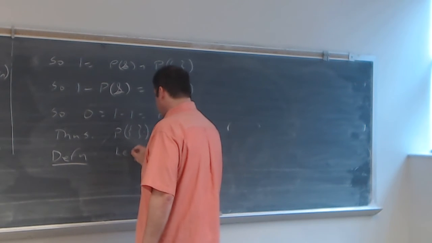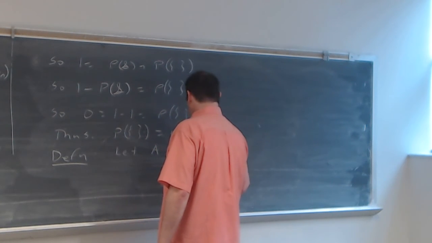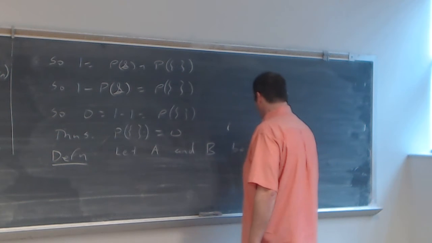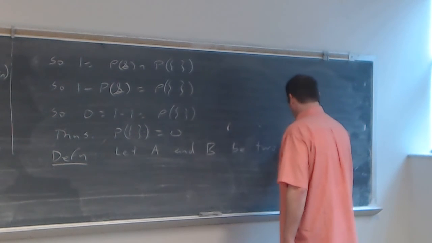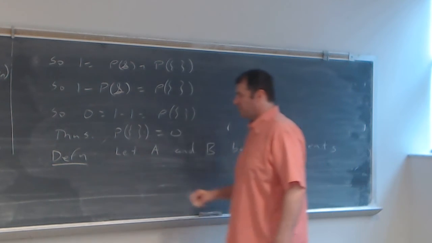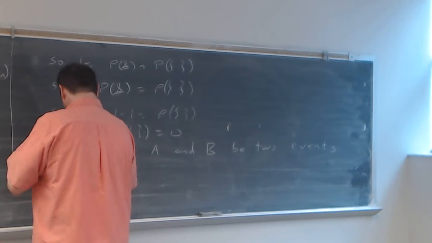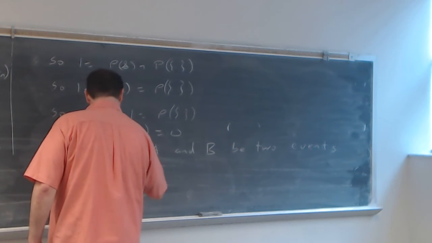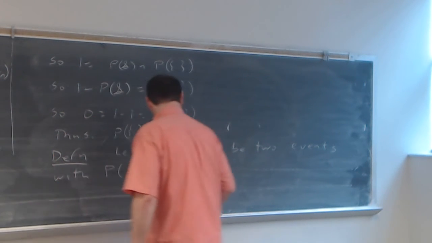We're going to let A and B be two events with the probability of B being different than 0.